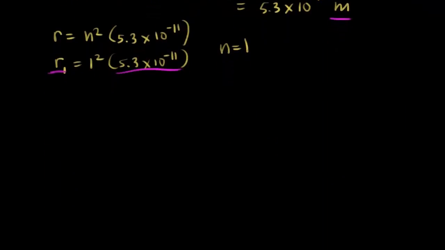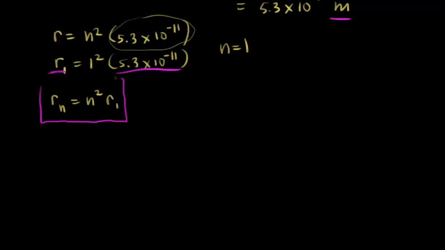So let's go ahead and generalize this equation. We could say r for any integer n would be equal to n squared times r1, which we just calculated to be 5.3 times 10 to the negative 11 meters. And so this is very important. r for any integer n is equal to n squared times r1.